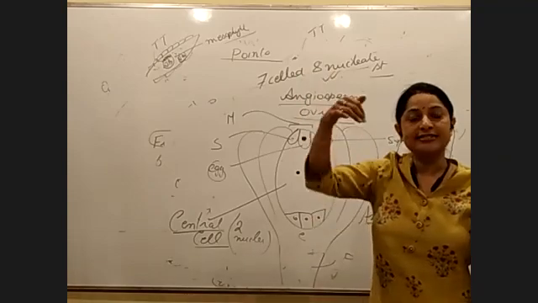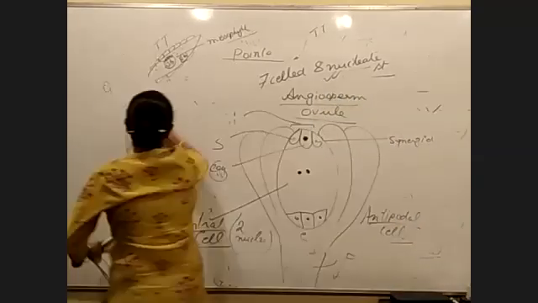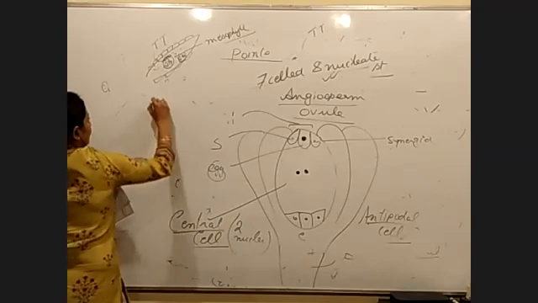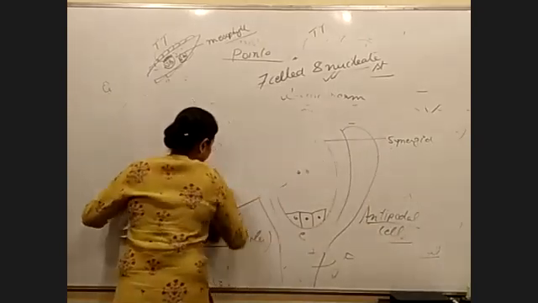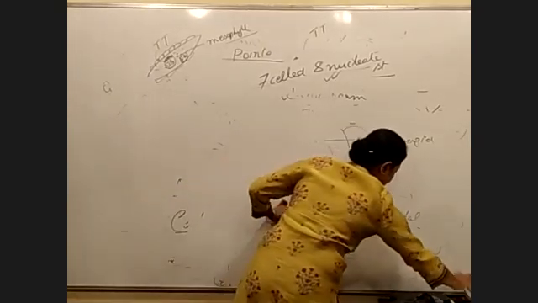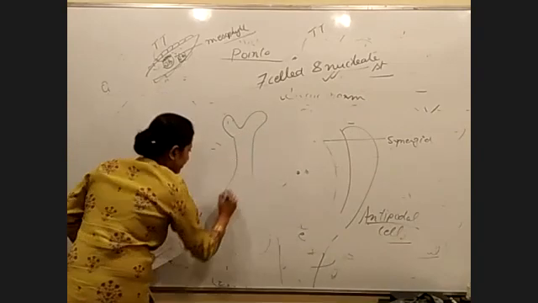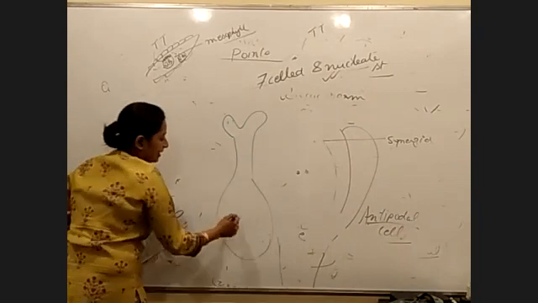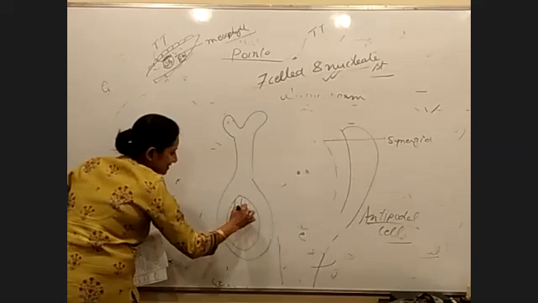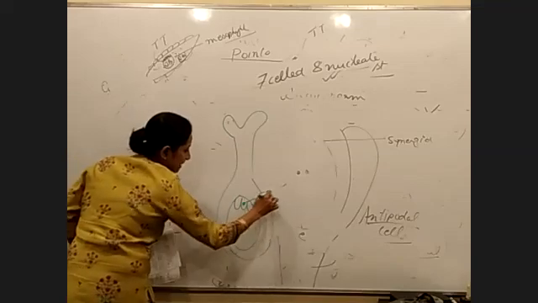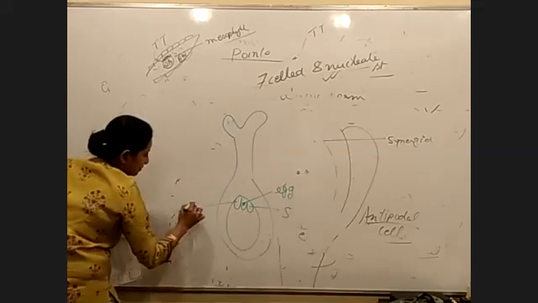The pollen tube which enters through the stigma, suppose we are talking about this structure, right? So we know stigma, style and ovary, you know. Just to have an idea: this is the stigma, this is the style and this is the ovary, right? What is inside the ovary? The ovule. What is in the ovule? There are three cells, of which one we call the egg and the others we call synergids.